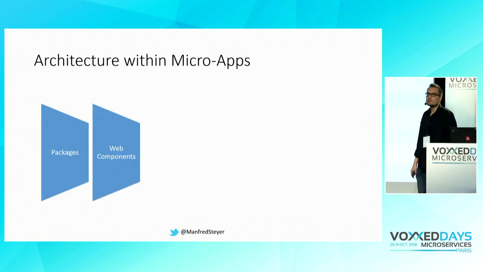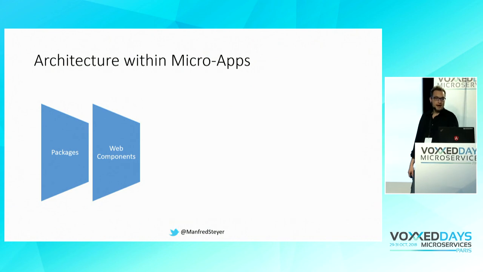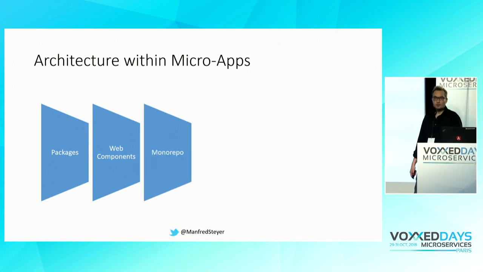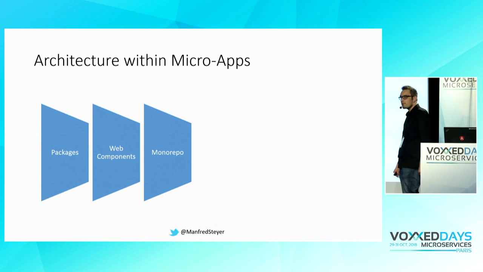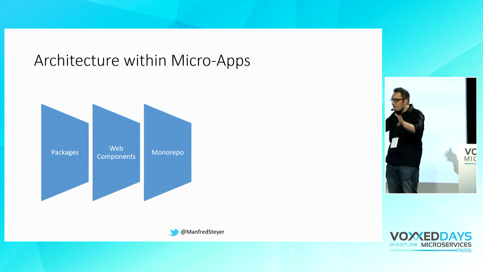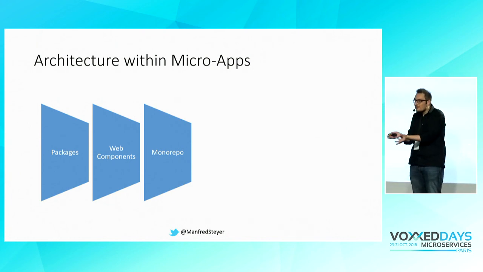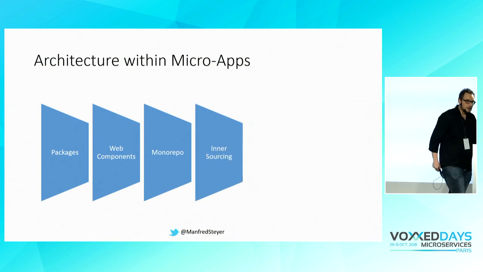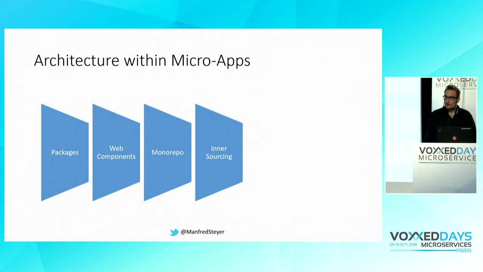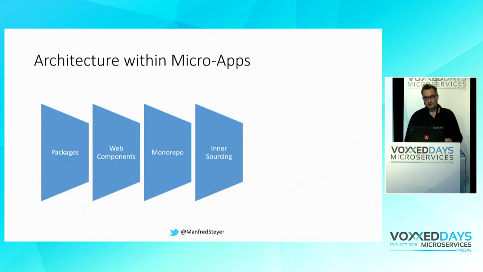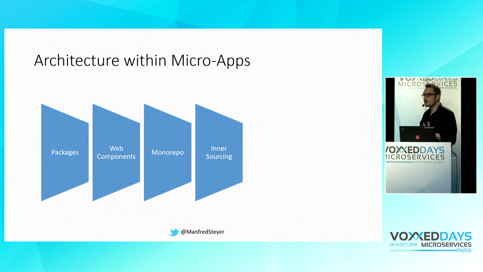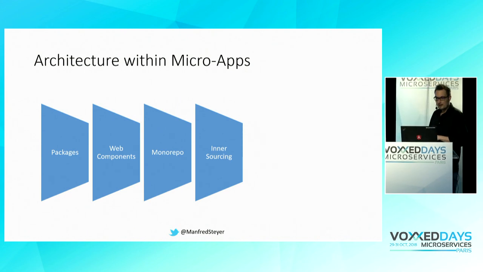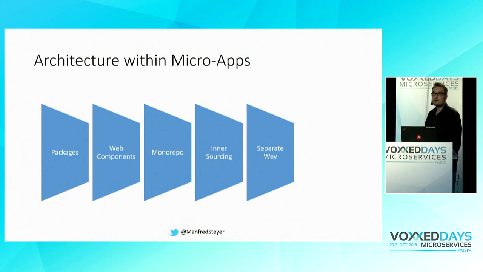You can use web components to provide shared widgets. You can go with the monorepo approach to substructure a micro app into even tinier parts. You can use inner sourcing. A lot of my customers are using inner sourcing to share something like styles. And you can also use separate ways.